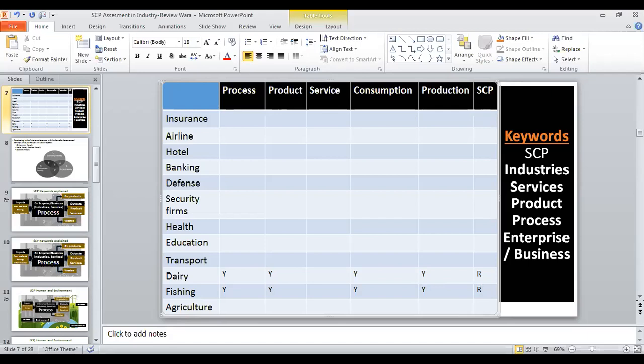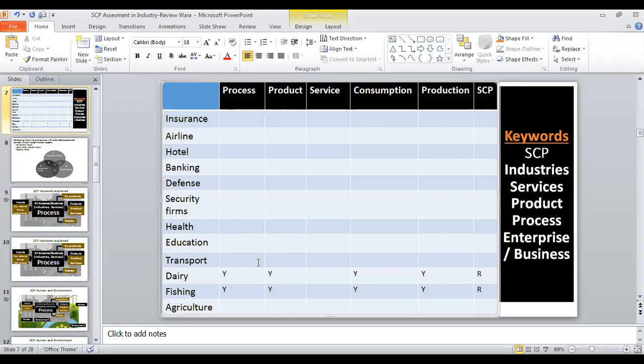And dairy and fishing both involve cold chains. Their supply chain needs refrigeration, which consumes energy, and there are qualitative aspects. So even the supply chain has some issues. Important, right? Supply chain.